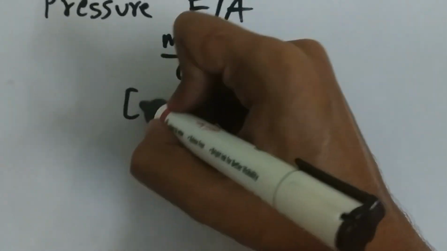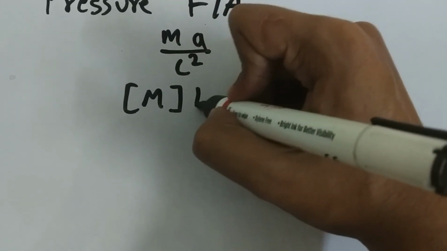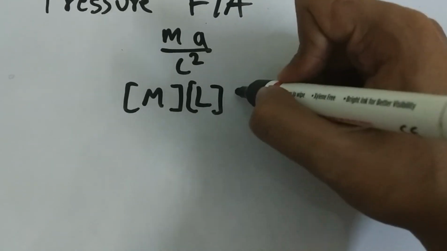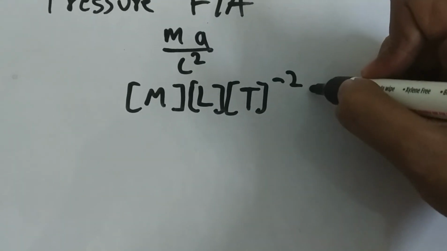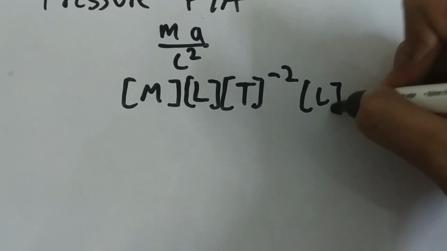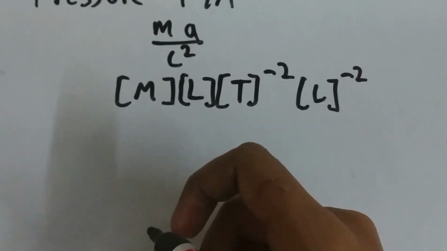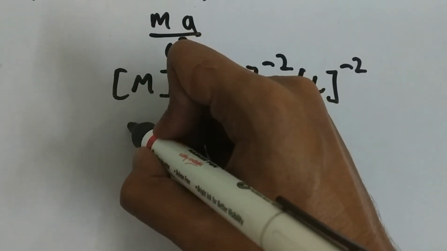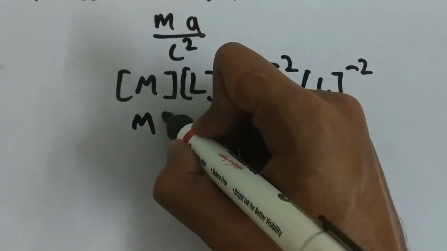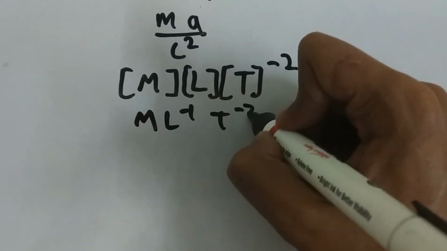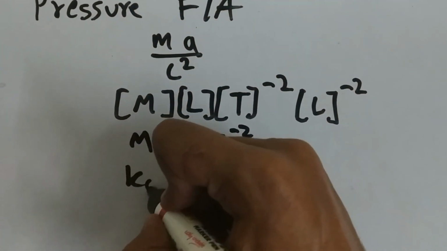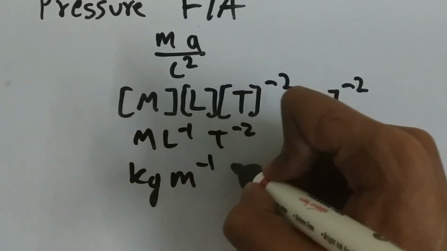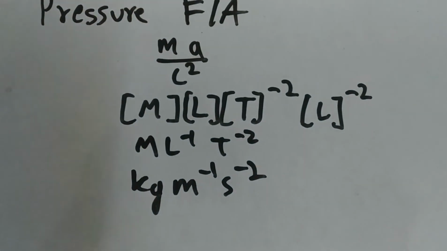That is nothing but M L T to the power minus 2 L to the power minus 2. So that is nothing but M L to the power minus 1 T to the power minus 2. So the units of pressure are kg per meter per second square.